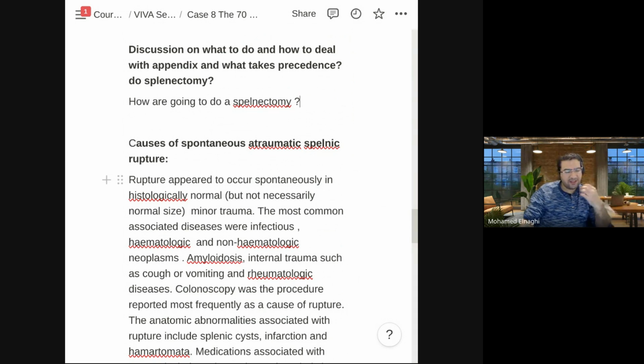Although it's uncommon and not very highly used for the exam, it's worth knowing, especially for the hematological diseases and patients with an enlarged spleen. Because these are the kind of patients who can present with a splenic rupture after minor trauma, and it may come in the exam as a scenario of someone with a hematological disease after a minor road traffic accident, no significant external signs of injury, but they have a splenic rupture.